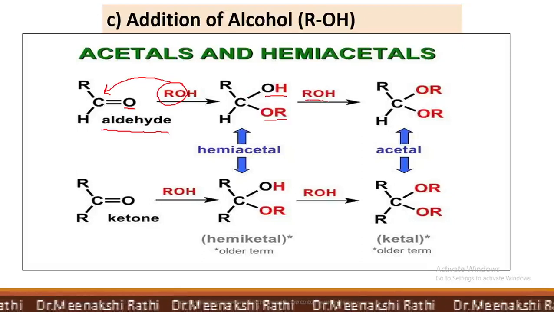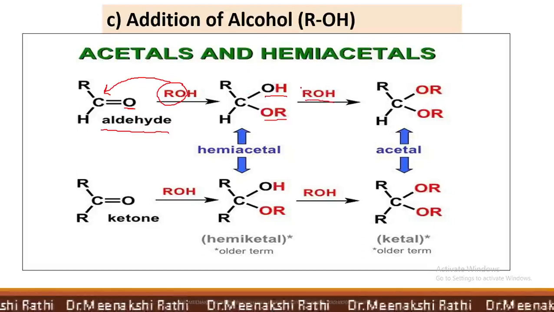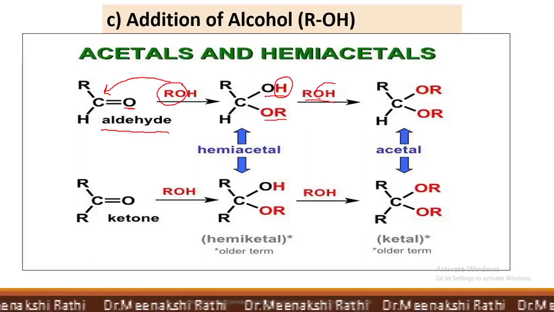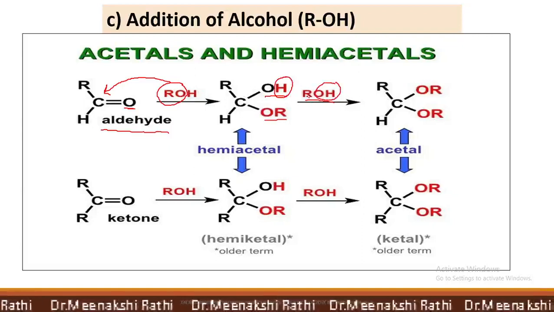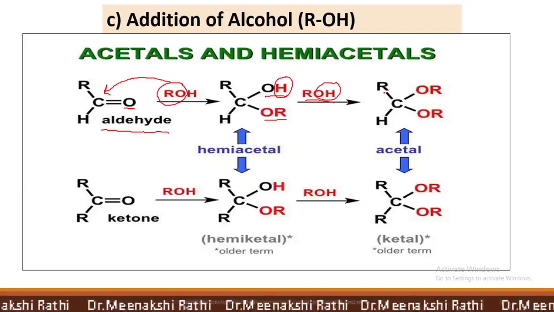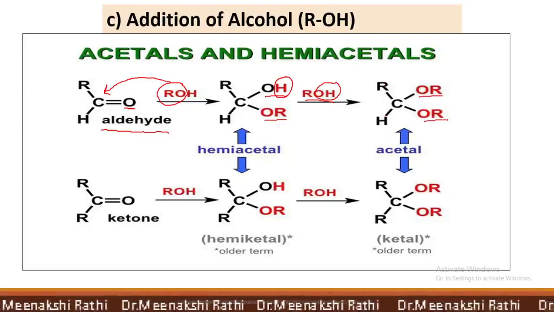When hemiacetal reacts with a 2nd molecule of alcohol, this H and this OH are removed as a water molecule and R is attached to the oxygen. So what we will get, RCH(OR)(OR).